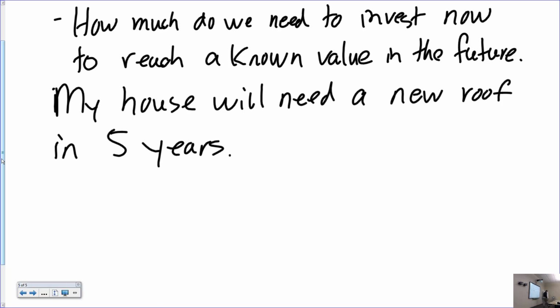I put a new roof on 15 years ago, and I put on 20-year shingles. If I put on 20-year shingles 15 years ago, when do I need a new roof? 5 years, right? In theory.